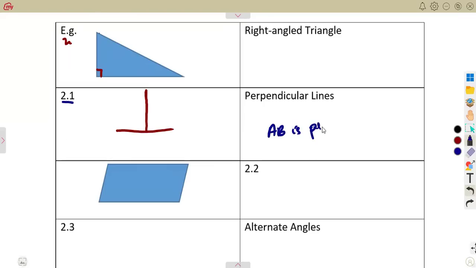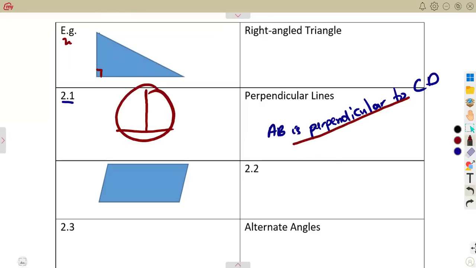If you want to write that AB is perpendicular to CD, this whole part that we are seeing here, to say "is perpendicular to", can be replaced with this sign. You can simply write AB is perpendicular to CD.